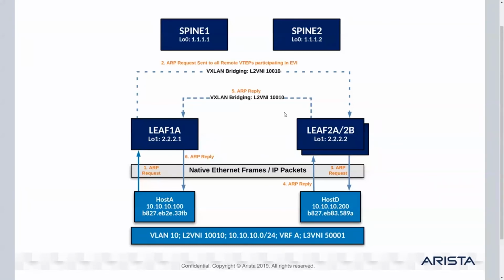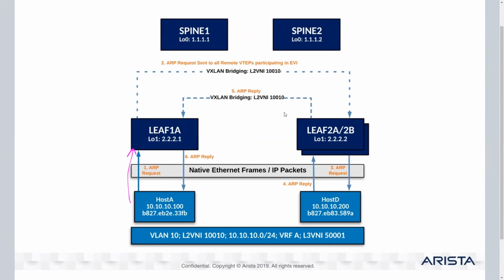The idea is that host A is going to try to communicate with host B. It has no idea what MAC address it should put in the Ethernet header. So it says, all right, hey, who owns .200? That is, of course, an ARP request that's flooded, destination MAC of all Fs. At that point, Leaf 1A knows via the type 3 routes received from remote VTEPs who needs to get a copy of this broadcast.